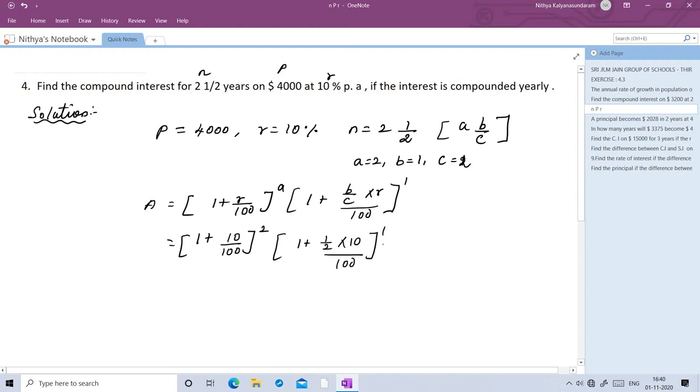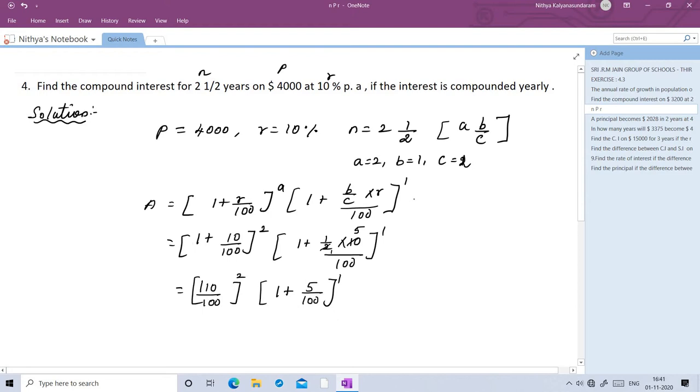Power 1 means it's no value. So 1 into 100 is 100, 100 plus 10 is 110 by 100 whole square. One plus 1 by 2, we can cancel, 5 by 100 power 1.